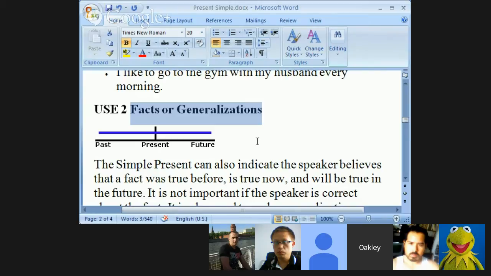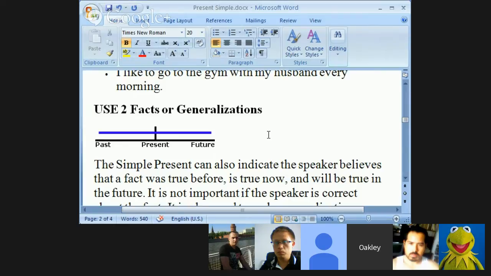Okay, let's throttle back our brains slightly and put it in neutral, because now we're going to talk about a very basic use of present simple: facts or generalizations. Always remember when you're using verb tense, and I will say this many, many times if you attend my classes, the use of the verb tense is entirely up to the speaker.